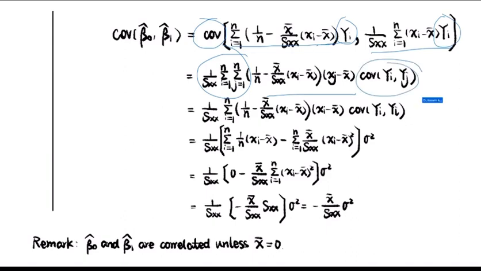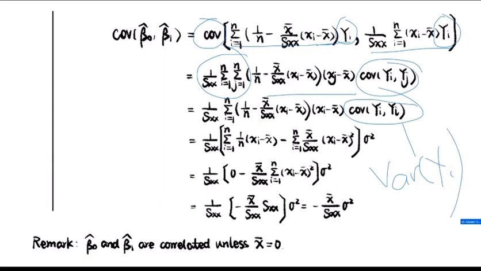And you know what? I'm actually going to say yi equal to yj. So I'm going to have the covariance of yi with itself, which is the same thing as the variance of y. When I'm looking at the covariation between variables that are the same, then it means I'm working on within variation. It's going to be the variance of y, and don't forget the variance of y is sigma squared.